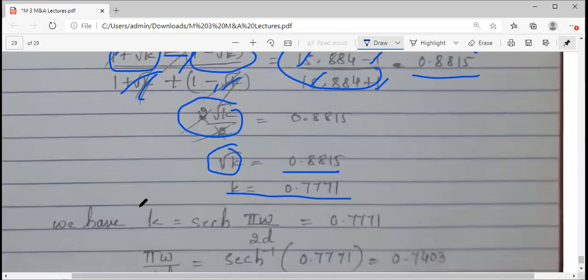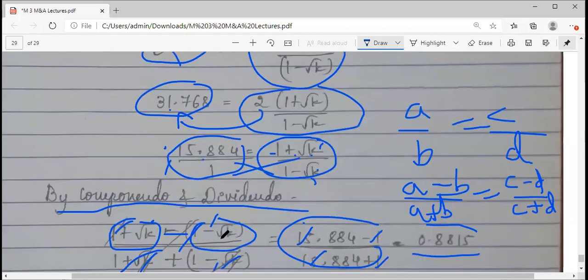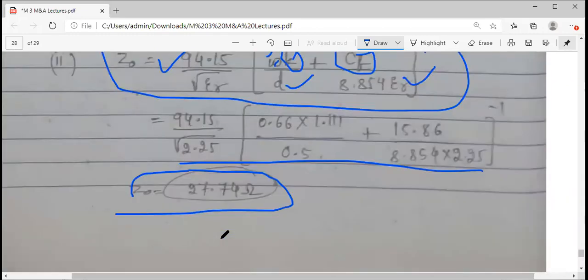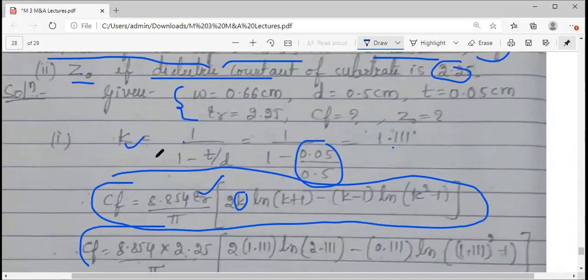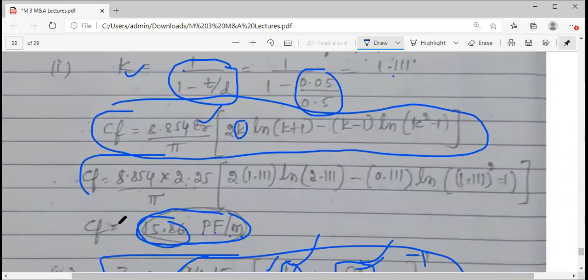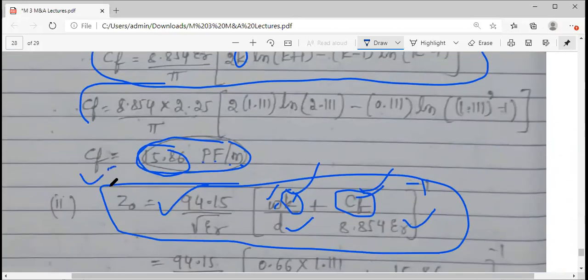Now we have one more formula. K is equal to sech, the hyperbolic secant, of pi w divided by 2d. So this is the formula for k. Earlier, what was the formula for k? In the earlier problem, k was very simple, 1 divided by 1 minus t by d, when Z naught was given by that equation.